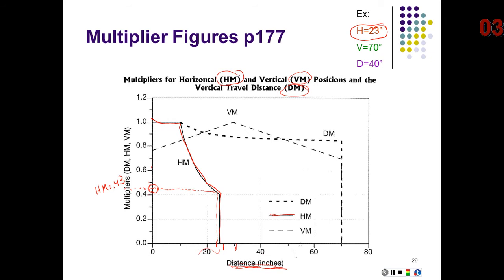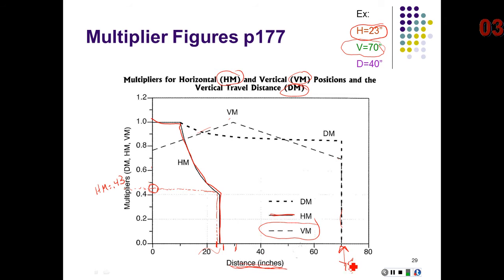Okay, the other two operate similarly. For V, we can see that it is the long dash line. So the long dash line, it starts here, goes up over, and then down. In our problem, the employee was reaching 70 inches vertically to get to the tote on the J-hook, so 70 inches. Our 70 inches happens to be right here. So 70 inches is our limit.